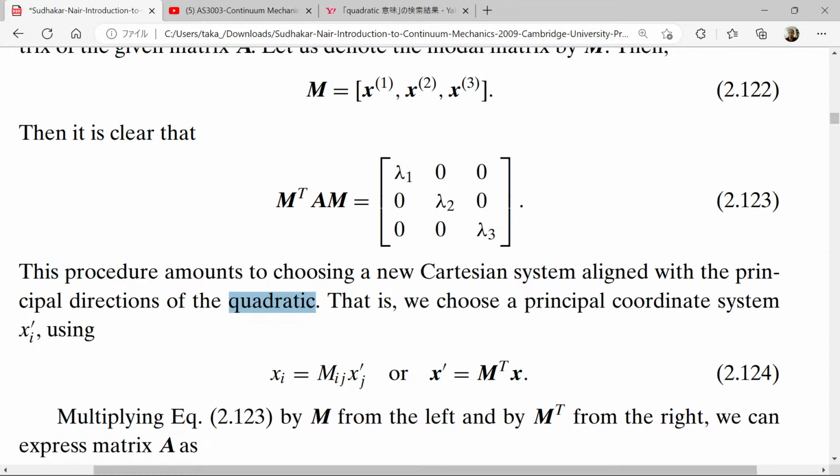That is, we choose the principal coordinate system x prime using x prime i equals m_ij x_j, or x prime is M transpose x.